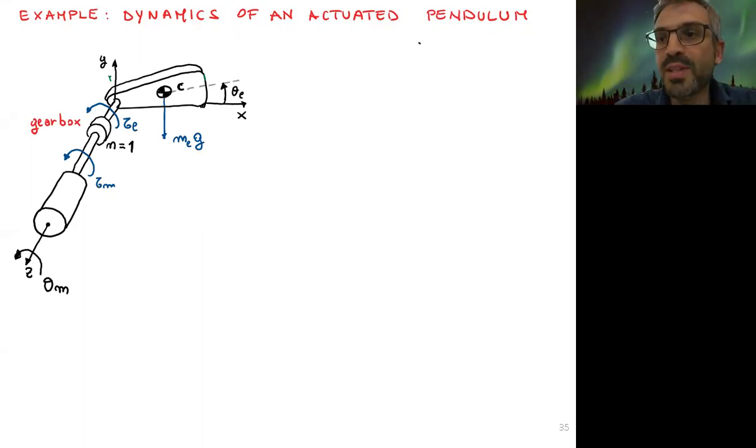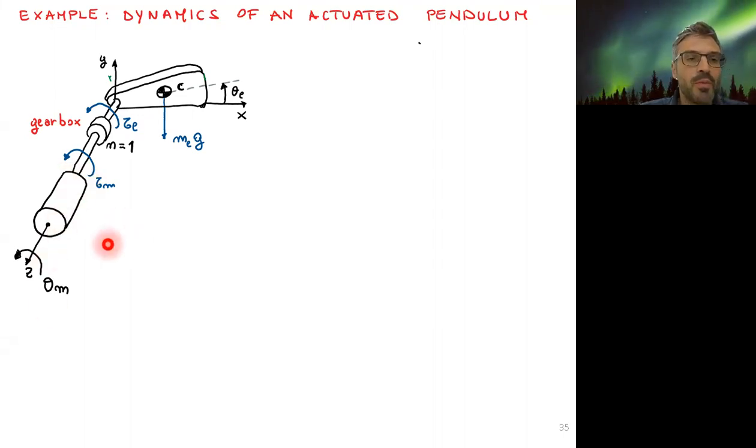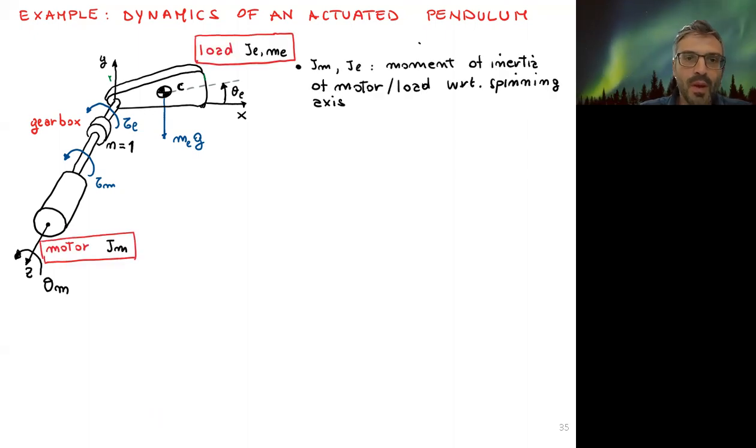So let's first do a simple example with a single link and a single joint, a robot with a single link and a single joint, driven by an electric motor with some inertia. We see here that we have two moments of inertia, Jm and Jl.